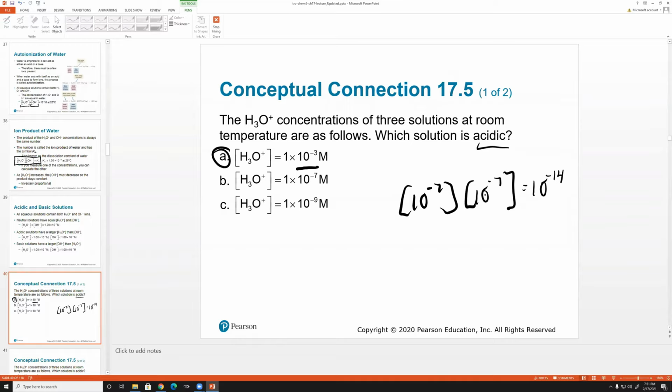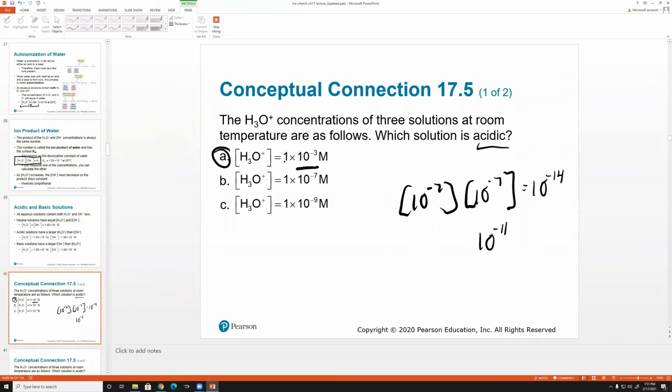And then the OH concentration will have to be 10 to the negative 11, very, very low. So if it said OH is equal to that, it would then be C, correct? If it said which one's the most acidic, and it said OH is 10 to the negative 9, for acidic, OH has to be small. So the smallest one would then be the most acidic. But in this case, we're using H3O plus, which is the signature for acidity.